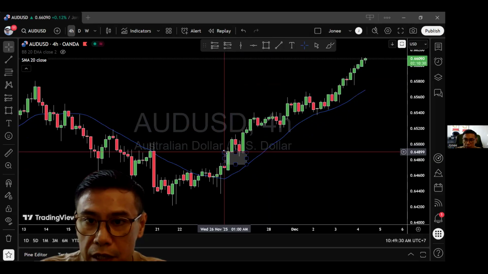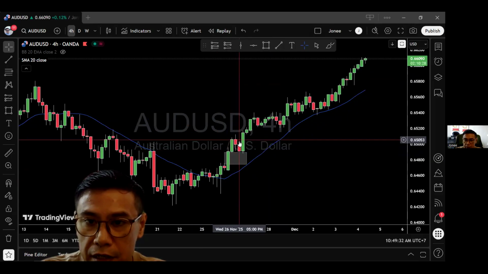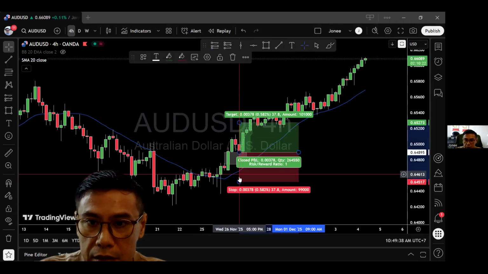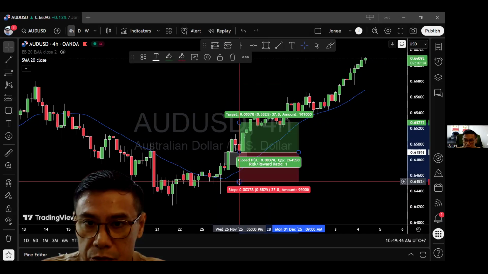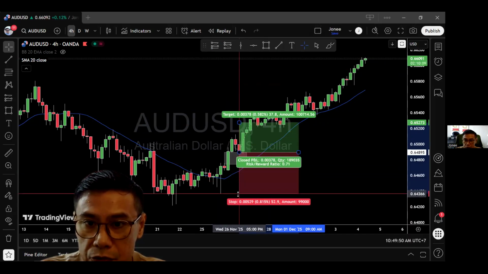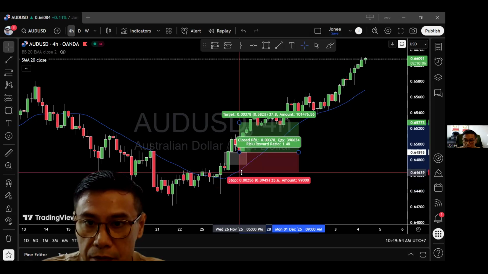What we want to do next after we have identified the 4-hour fair value gap is to place a pending buy order at the fair value gap zone, and you put your stop loss at the nearest swing low. Now, this of course would be quite aggressive. This would be wide, but I would prefer this over this one.